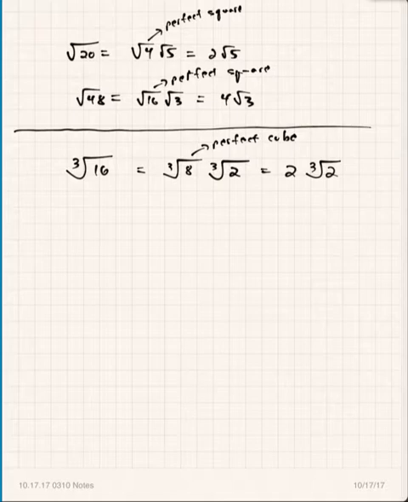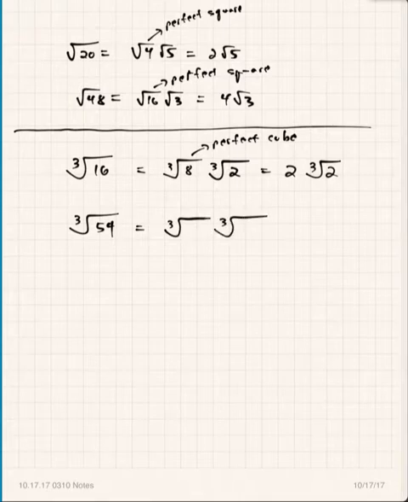If you had the cube root of, let's say, 54, right? 54 is not a perfect cube, but does 54 have a factor that is a perfect cube? Think about the numbers that you know are perfect cubes: 8, 27, 64.